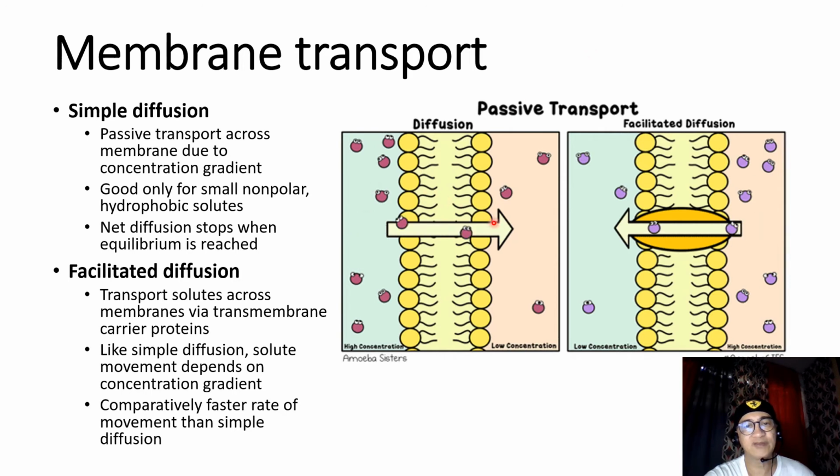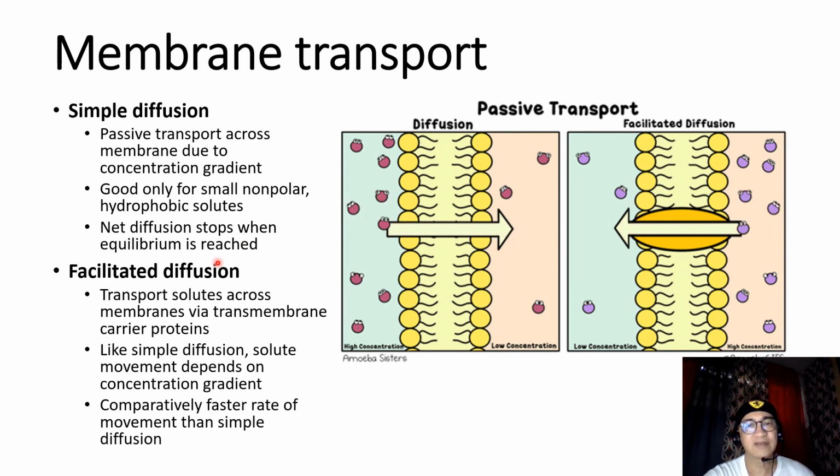When the concentration gradient decreases as more and more solutes move across the membrane, simple diffusion slows down until it consequently stops. This means that equilibrium has been achieved. At solute equilibrium, it does not mean, however, that no solutes are diffusing anymore. Rather, the movement or diffusion of the solutes between the two sides is now equal.